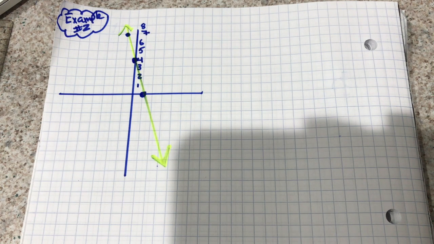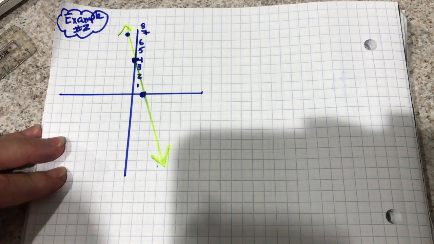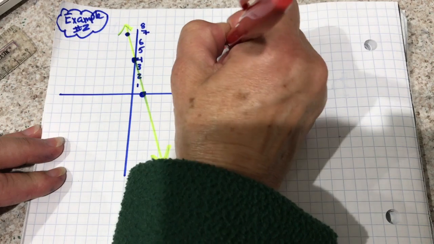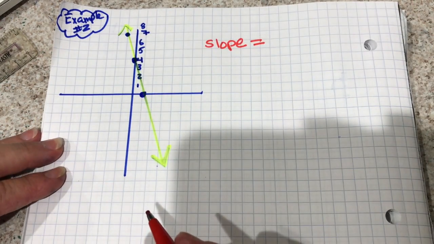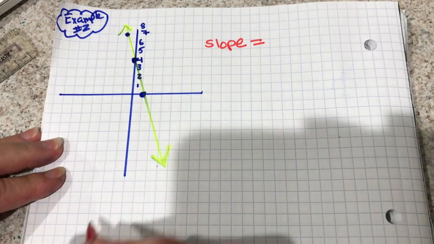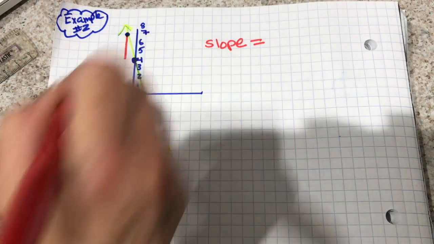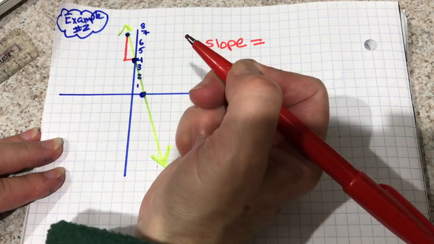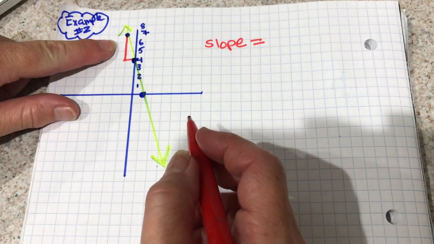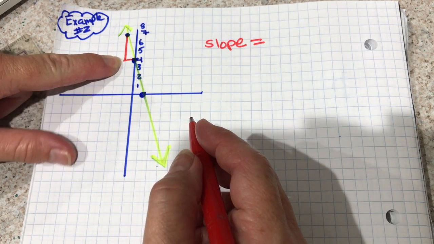For example number 2, I'm going to start with the graph. The first thing we want to figure out is what's the slope of this line. So let's draw a slope triangle. I'm going to draw my slope triangle from this point, and the rise this time is going down over run. Well, I went down 1, 2, 3 down.